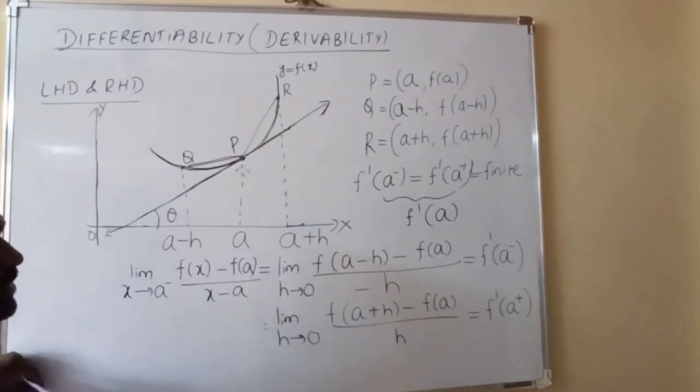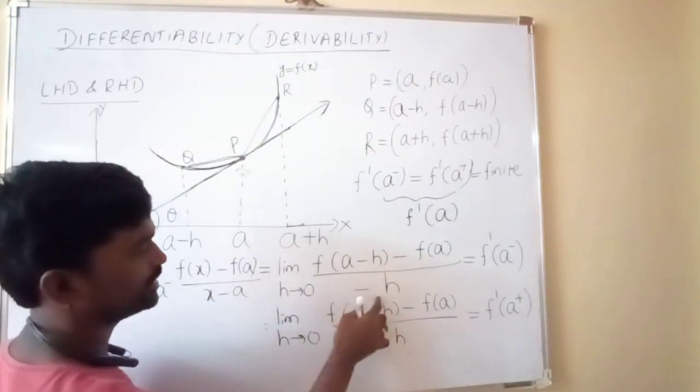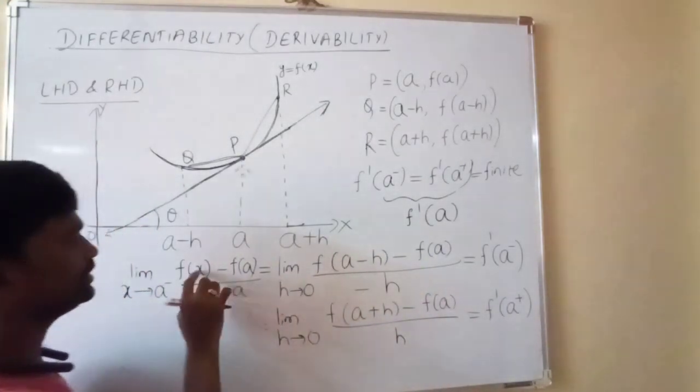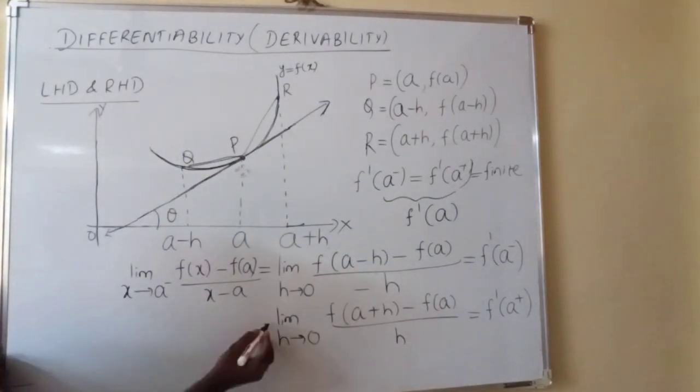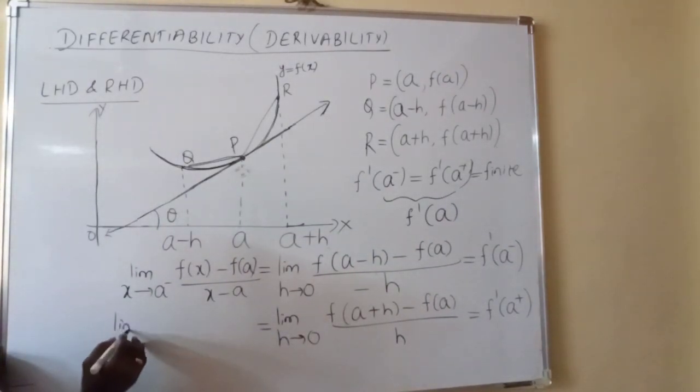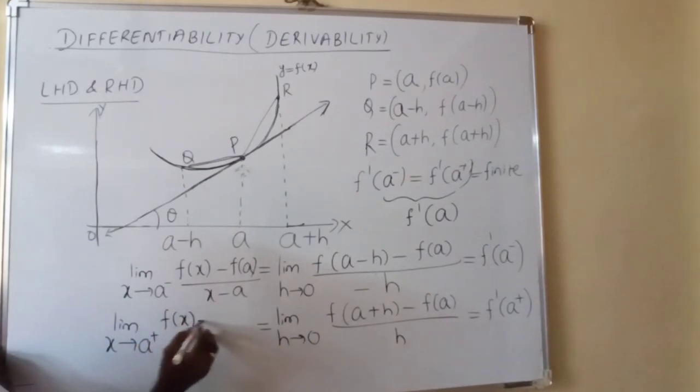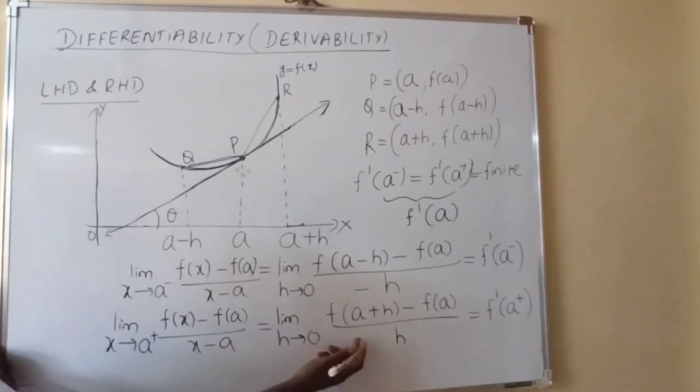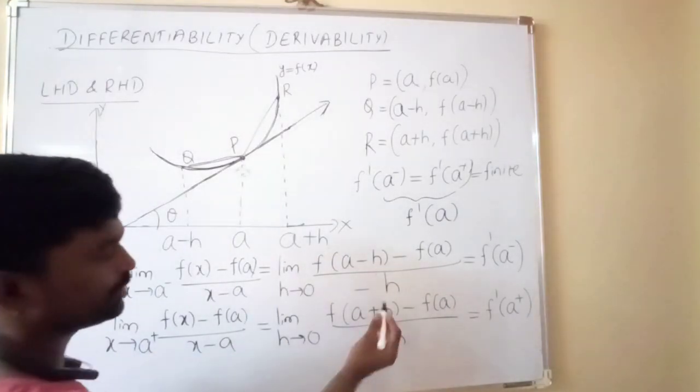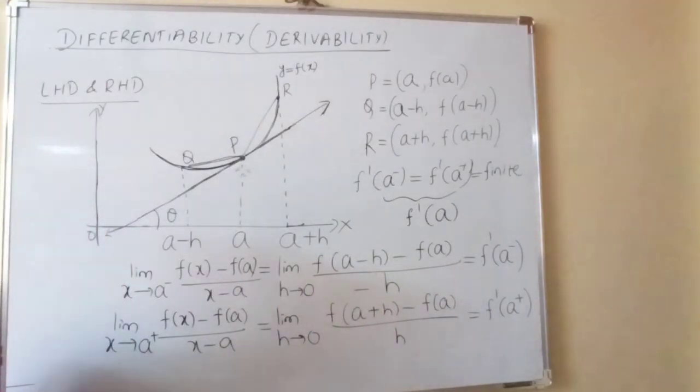How did we get this? Put a minus h is equal to x. And the second definition is the same as the limit as x tends to a plus of (f of x minus f of a) by (x minus a). How do we get this? In this case put a plus h is equal to x, then you will get this definition.